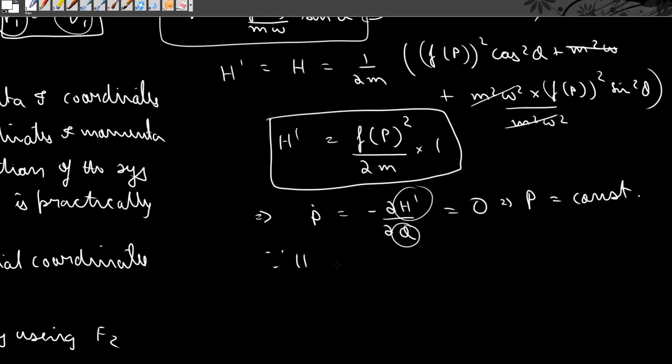And since dou H dash by dou t is equal to 0, this means H dash is also constant in the sense that it is conserved, and I am going to call this the energy E.